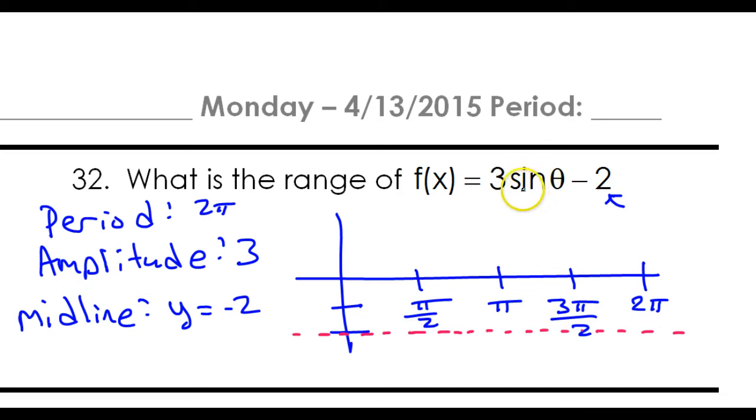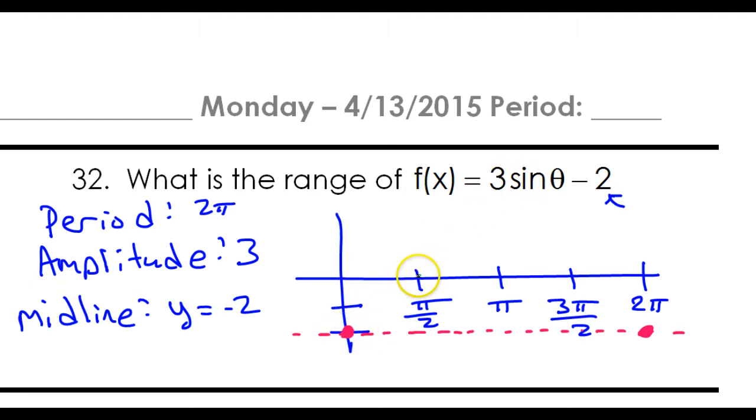Look, this is the sine function, and the sine function always starts right on the midline. If it's got a positive leading coefficient, it starts off going up. By the time it gets back to 2 pi, it's going to start over again, so it better be back at the midline. So I'm thinking amplitude now. Starting here on the midline, I'm going to go up 3.